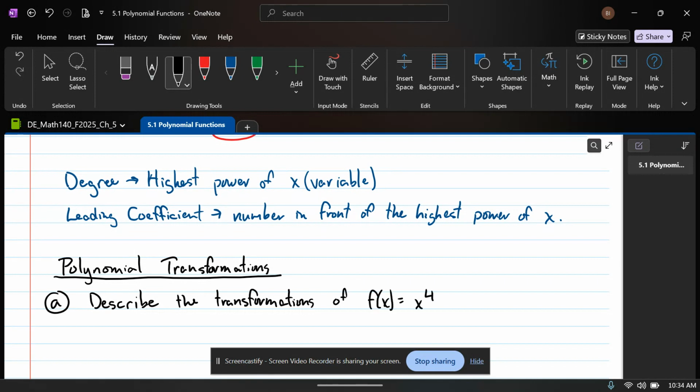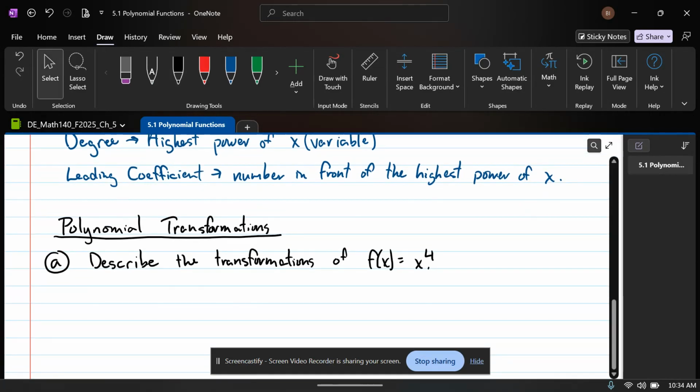So the parent graph is x to the fourth power. We did transformations on all different kinds of functions back in chapter 3. So here we're doing it to polynomial functions. The parent graph is x to the fourth.